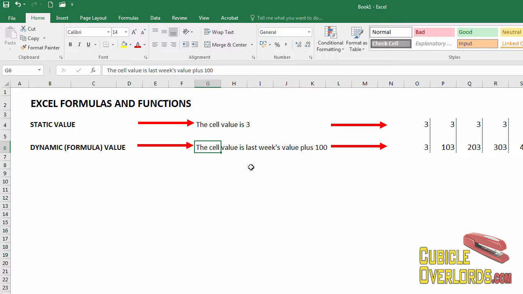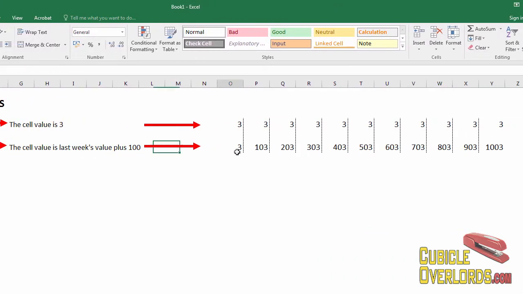I'm telling you, take last week's value and add 100 to it. So then, if you started off with a value of 3, next week you'd give me a result of 103, 203, 303. The previous week's value plus 100. That's your result. And see, the cell value goes changing with time, whereas the static value never changes.